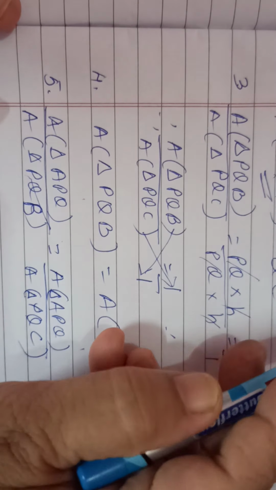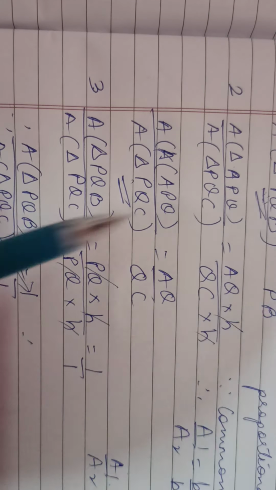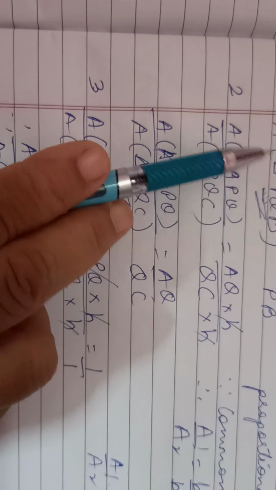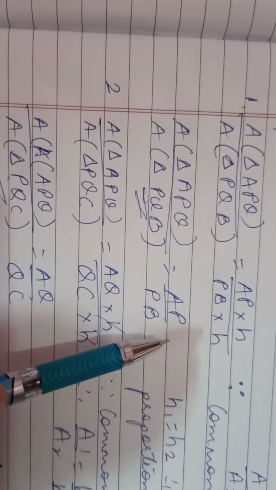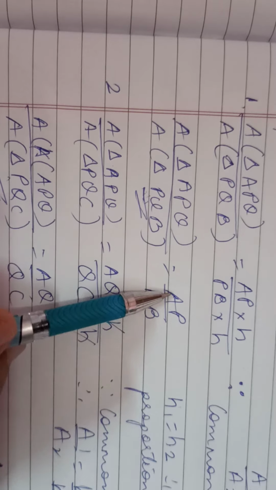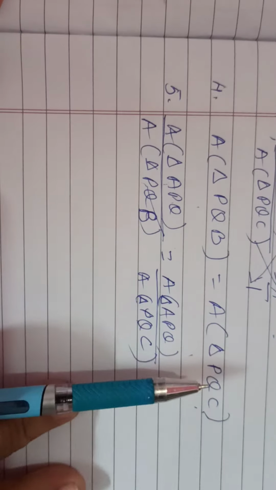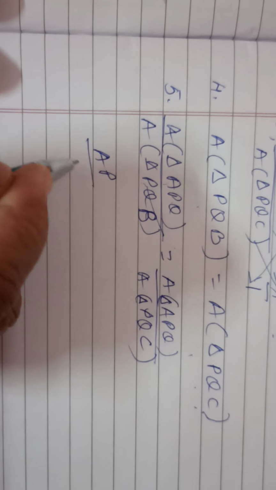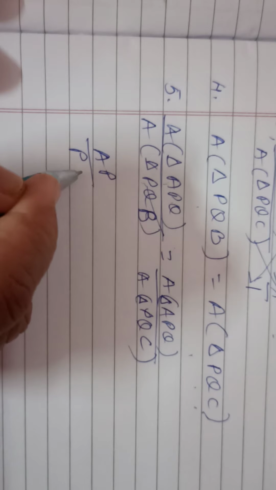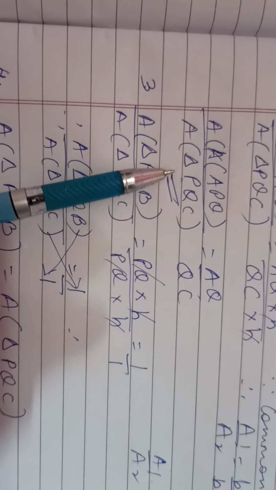Now what are the right hand sides? What is APQ upon PQB? AP upon PB. So instead of this I will write AP upon PB is equal to, what is area of APQ upon PQC?